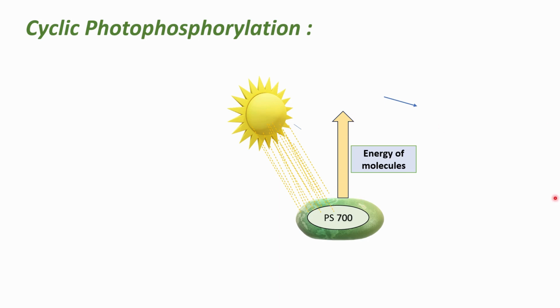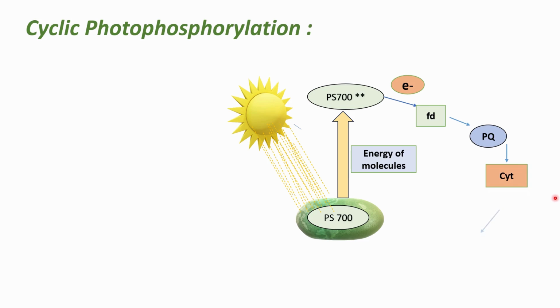The electrons which were released by the photolysis of water get excited, and the energy of the molecule is also increased. Those electrons flow from PS700 to ferredoxin, then to the plastoquinones, then to the cytochromes, and then to the plastocyanins.